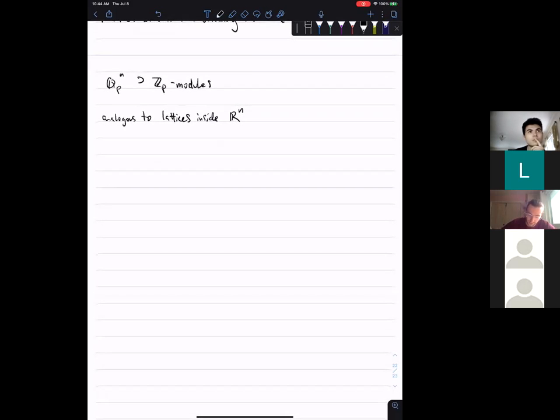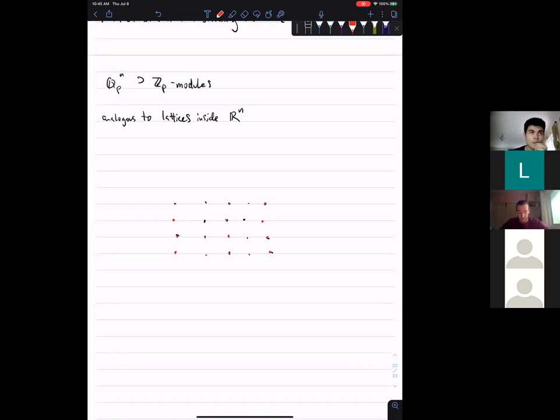I don't know, this might be hard to draw, but if you imagine inside of Rn, I have lattices. Here, I could imagine drawing an integer lattice, but inside of this lattice, I have sublattices. For example, if I just take these points, this is going to form a sublattice inside of this lattice.